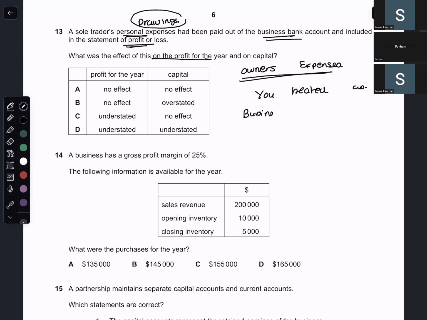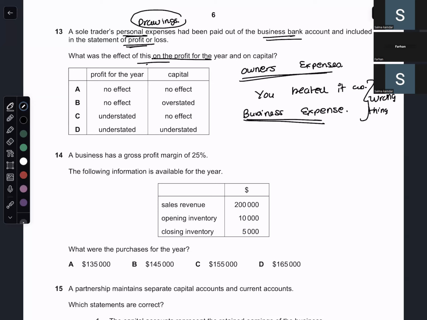You don't put this in the profit for the year because it's the owner's. This is the wrong thing that you did.